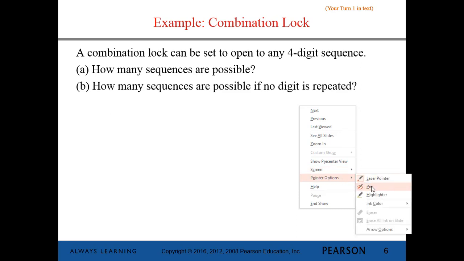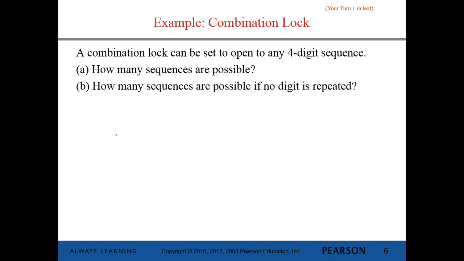Okay, because if we use the fundamental counting principle, how many things do we have? So here's what we're going to do. We have 4 digits in the sequence. So here's the first number, second number, third number, fourth number. Now, how many numbers do I get to choose from for the first digit?